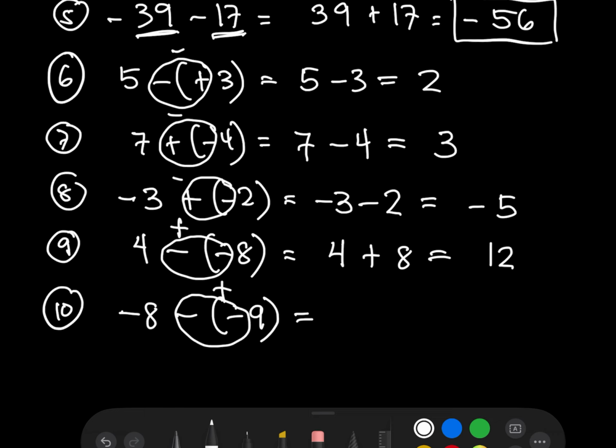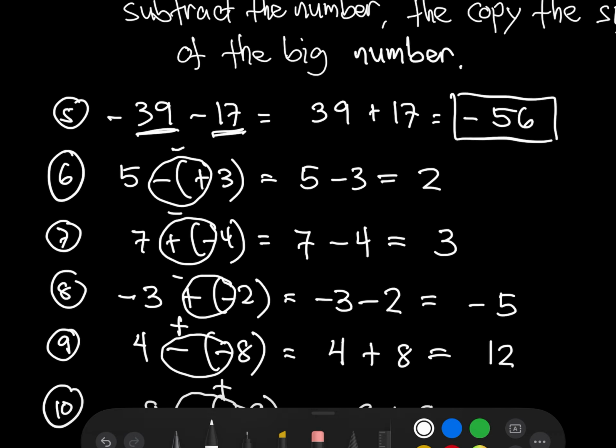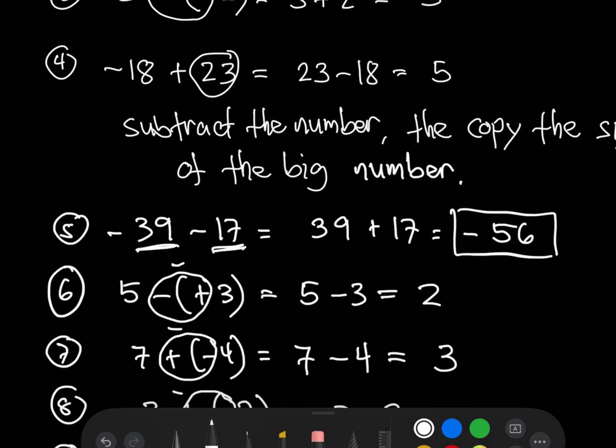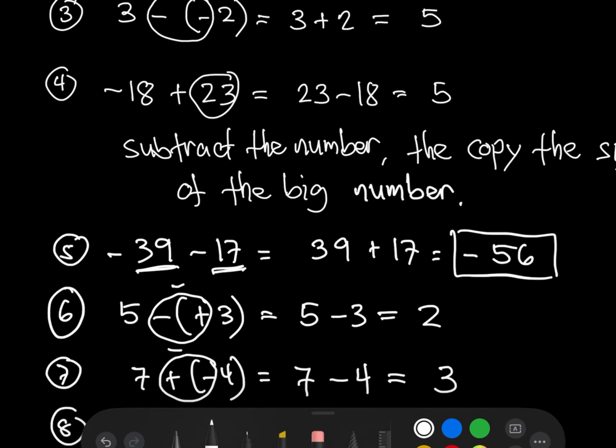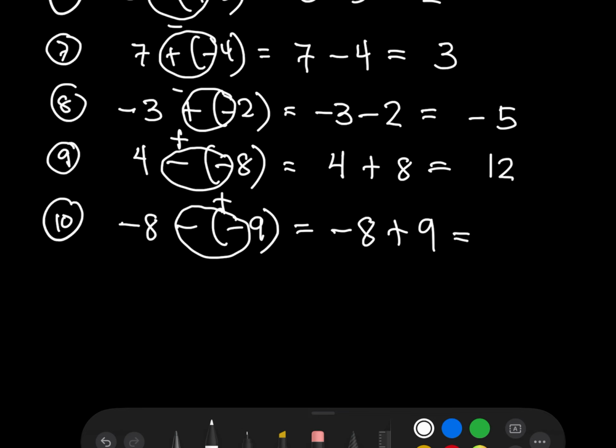So your problem will become negative 8 plus 9. This problem is the same as problem number 4. Subtract the numbers, then copy the sign of the big number. What is 9 minus 8? That is 1. The big number is 9 and the sign is positive. So the answer is positive 1, or just 1. If the sign is not written, it is understood to be positive.